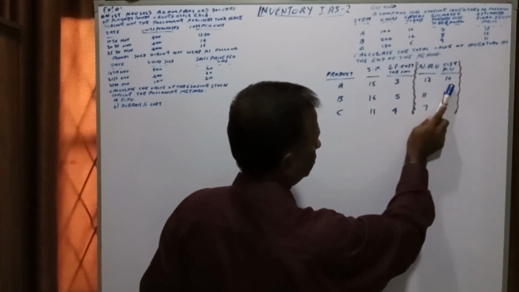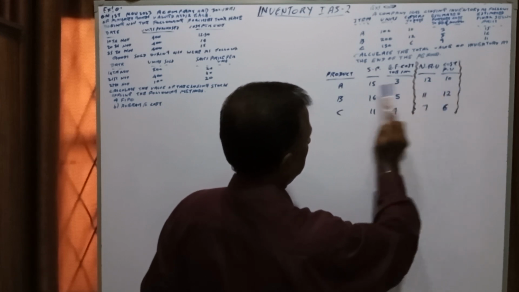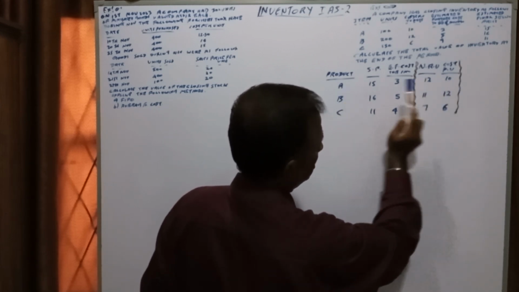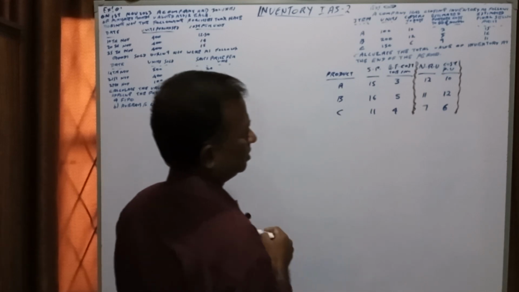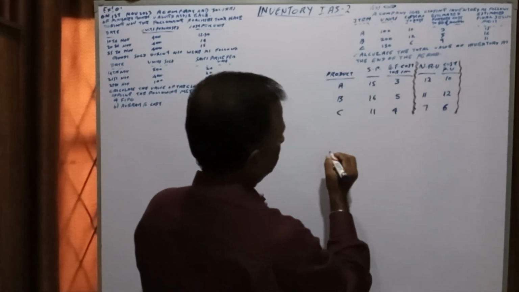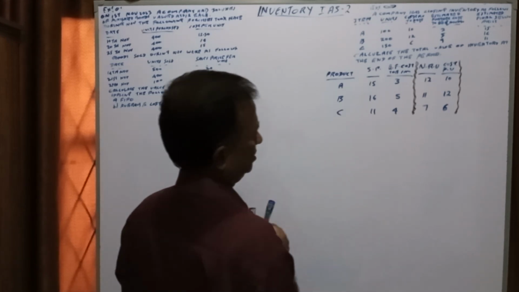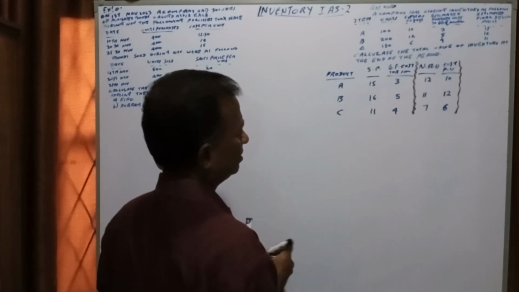When you compare the net realizable value and cost for product A, cost is lower, so we are going to value the product at the rate of 10 rupees, right?